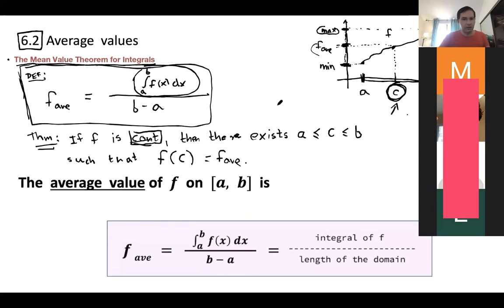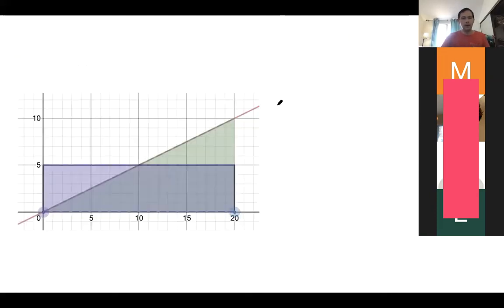I want to just mention a couple of examples. Here's an example. Take a function f, so let's say my function f of x is very simple, 1/2 x. Here's the graph of this function.